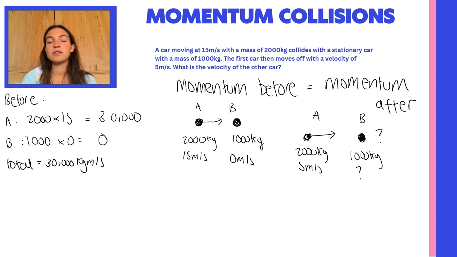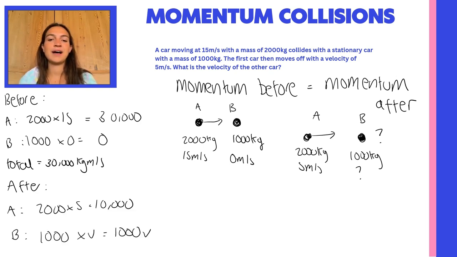Good, now I turn my attention to the momentum after picture. I'm going to start with A again, and its mass is 2,000 kilograms times 5, that's where that 10,000 has come from. And then for B, this is the one where we don't know the velocity of the car.